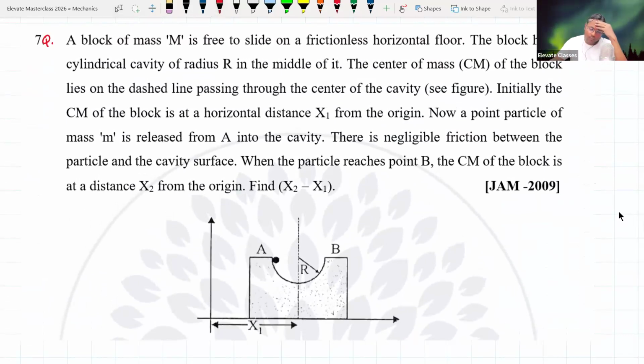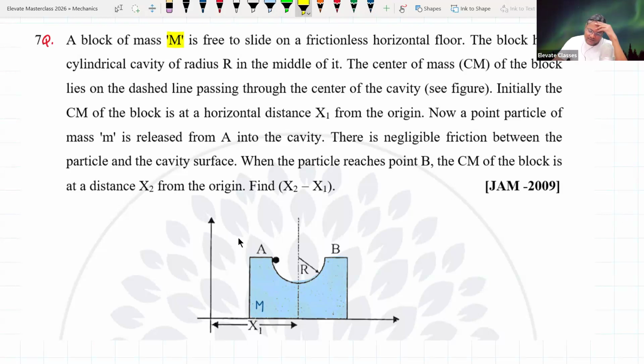A block of mass capital M is free to slide on a frictionless floor. Let me explain it well. So you have a capital mass here. This is a block of mass capital M, which is free to slide on a frictionless surface on the horizontal floor.